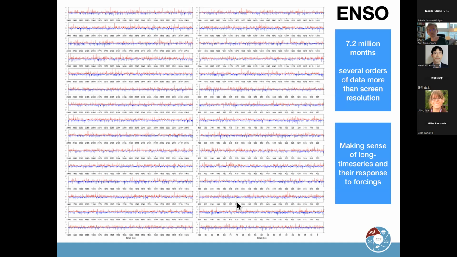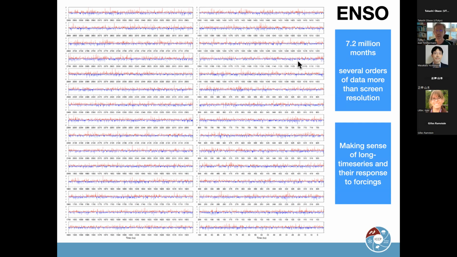Okay, if we look at ENSO, I should have mentioned, our model simulation is orbitally accelerated. So instead of the 3 million years of orbital history, which we still include, the model simulation itself is squeezed to 600,000 years. So it's called orbital acceleration. So in total, we are dealing with 7.2 million months.